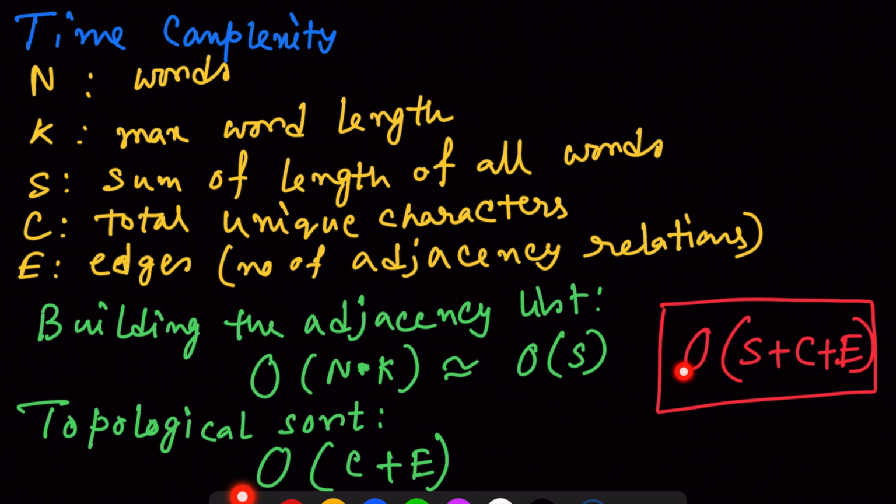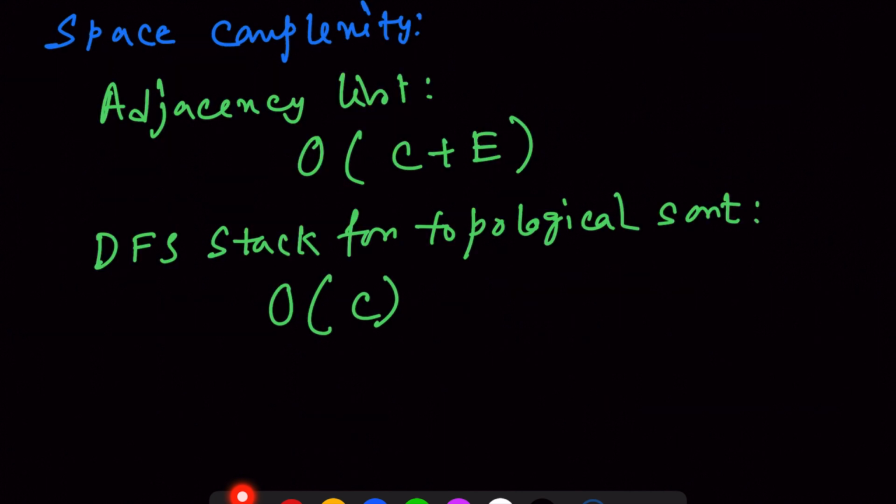So total complexity will be order of S plus C plus E. Space complexity: for the adjacency list it will be order of C plus E. There are C unique characters, and for each of these, basically edges, C plus E. DFS stack for topological sort will also be for unique characters, so that will be order of C. So in total it will be order of C plus E.